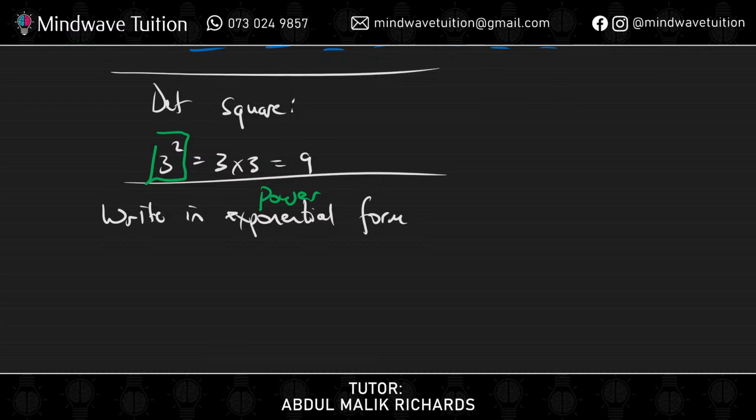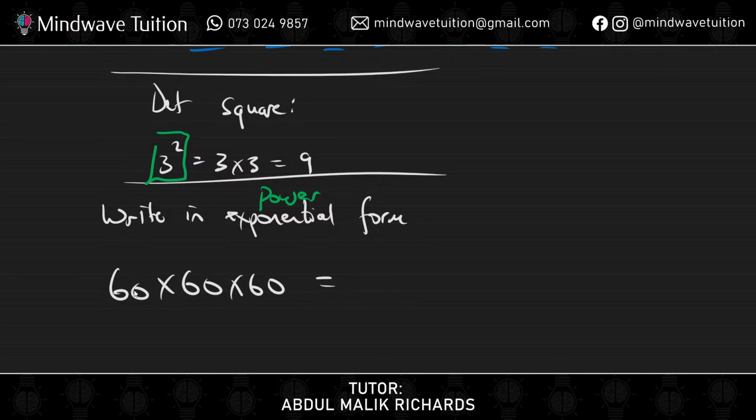The term power is not used as much in high school, but just for interest's sake, if they do use the word power in your exam, they're just asking you to write it in exponential form. So if they do give you something like 60 times 60 times 60, in exponential form, we obviously just take the base.